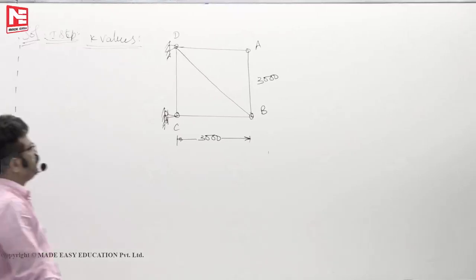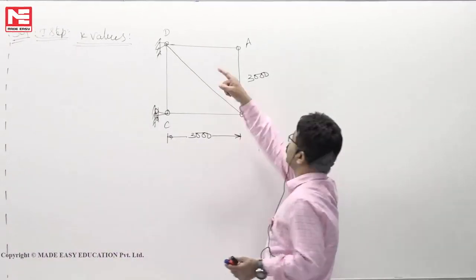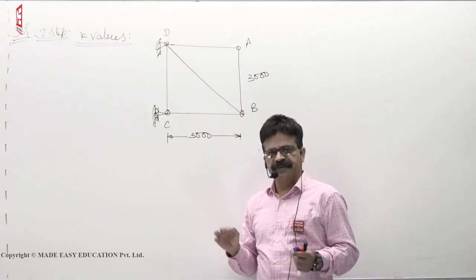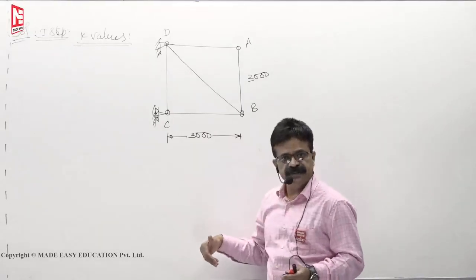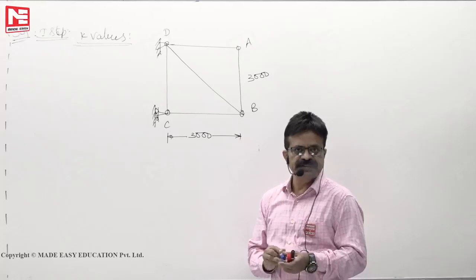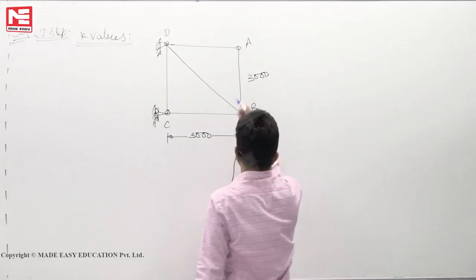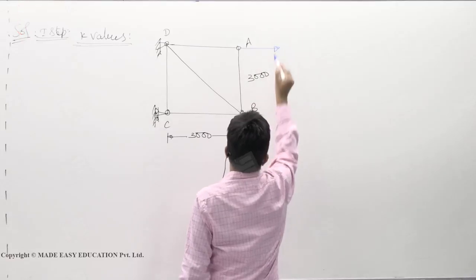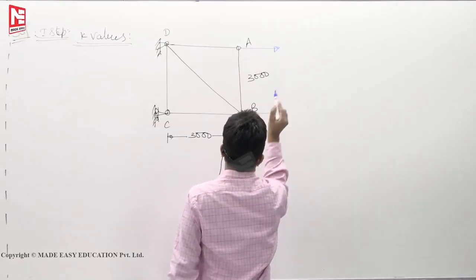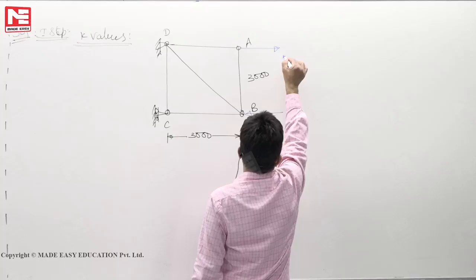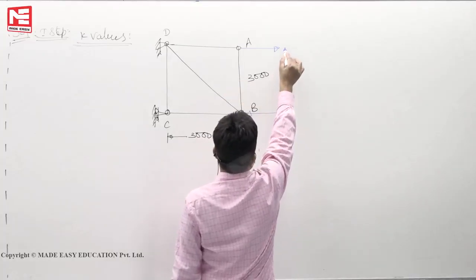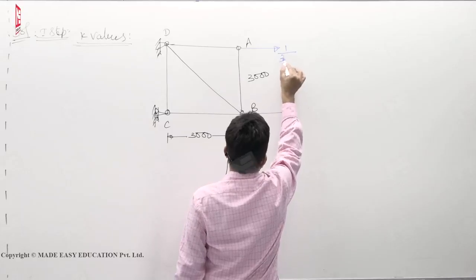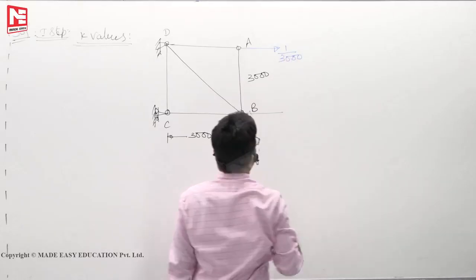Now we have to apply unit couple. That unit couple at A and B, you can apply clockwise or anti-clockwise, our choice. If the result works out to be negative, then our assumed direction is wrong. Opposite to the direction of unit couple, displacement will happen. So two forces we have to show. This is 1 by a, the fundamentals have given. So a here means this length of the member. So 1 by 3000.